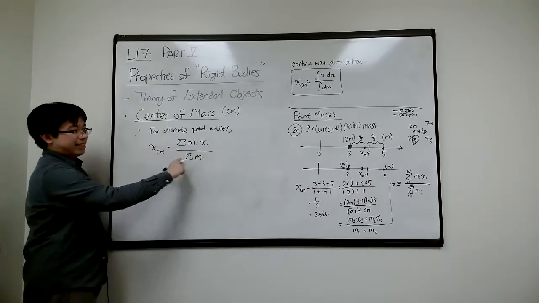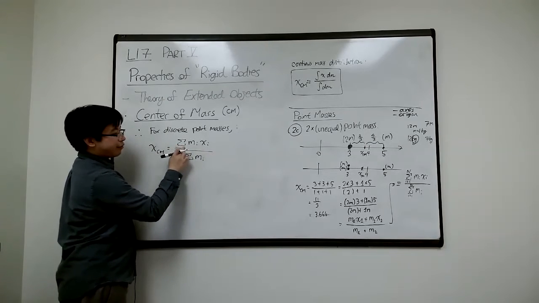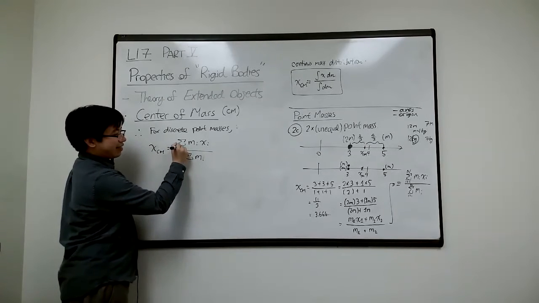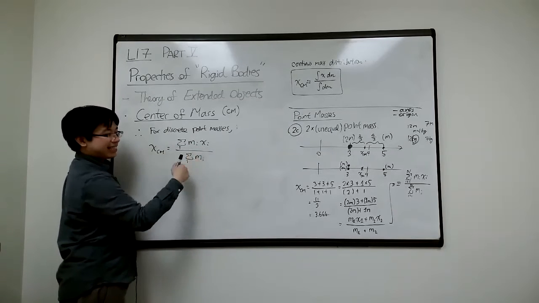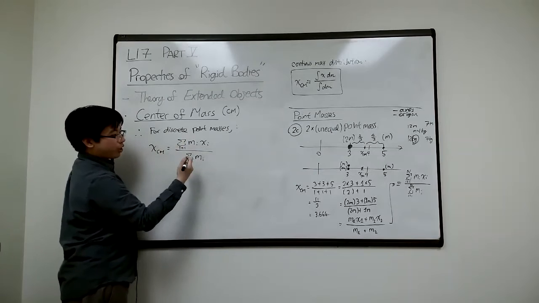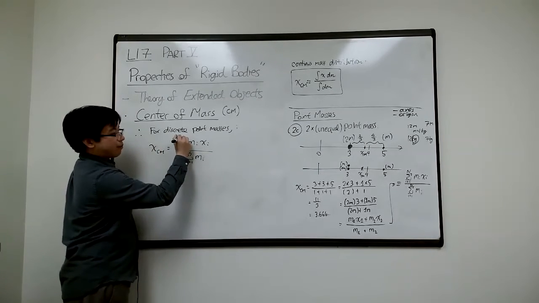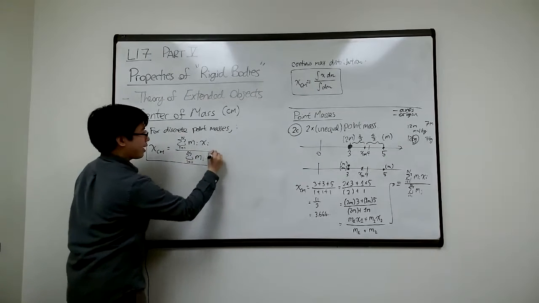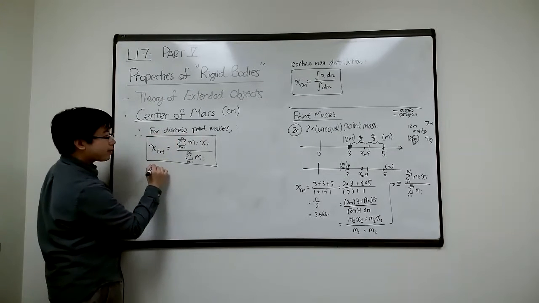If we're lazy, that's all we write. But if you're slightly less lazy, you'll write i, so you know what is the index that you're summing over. And if you want to be even less lazy, you tell people what index from where to where, like this. Okay. So we'll write that down.